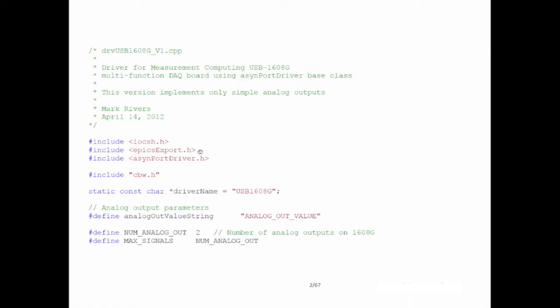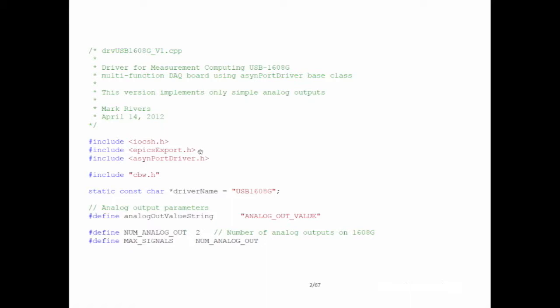I've defined a driver name here, which I'm going to use in asynPrint statements, so we can see what driver is generating the messages. This is where we're defining the string that we want to use as the drvInfo field on those records, or to define the parameter in the parameter library.